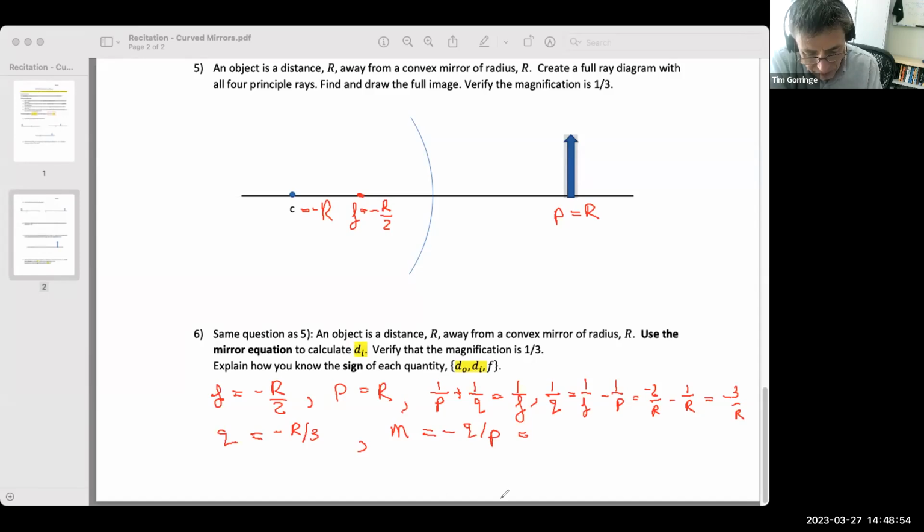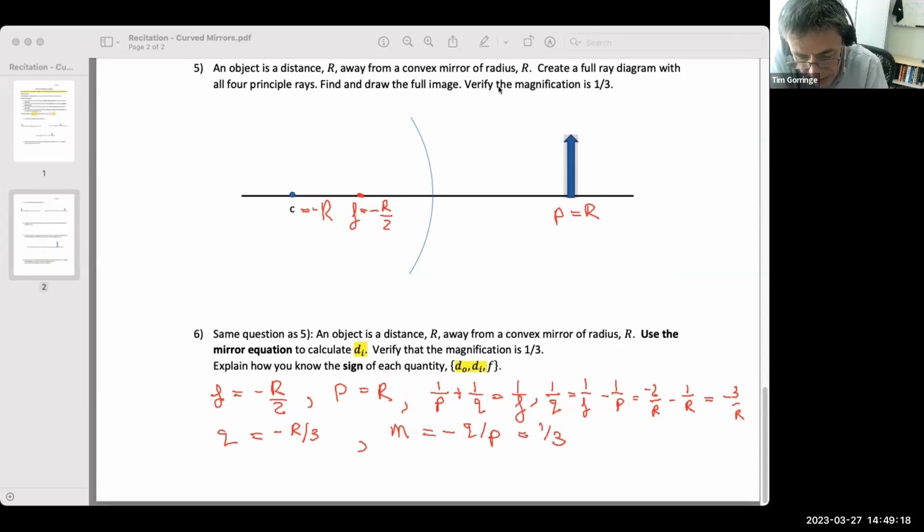P is R. When I fill in the minus R over 3 in the numerator and the R in the denominator, the R's are going to cancel out. And the minus sign in the equation is going to cancel with the minus sign for Q. And I'm just going to get 1/3. And so we find the magnification is 1/3.